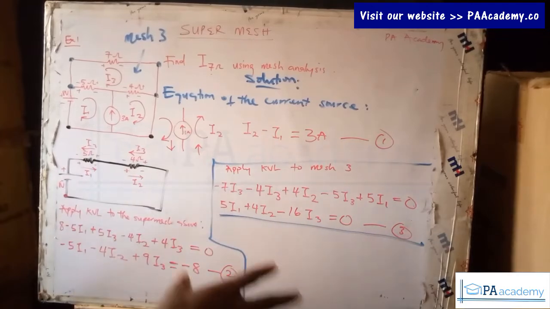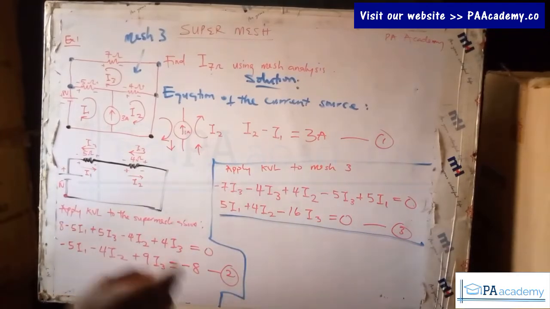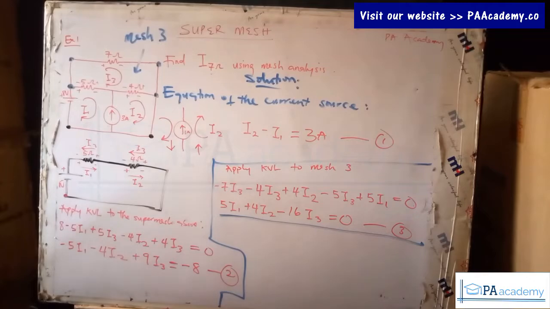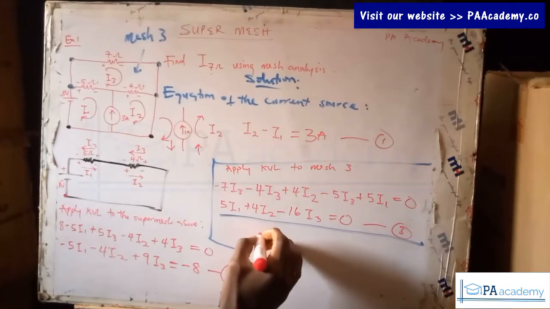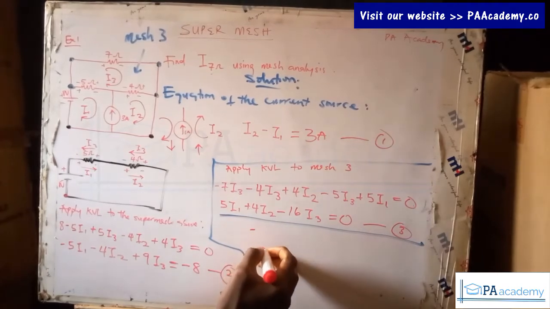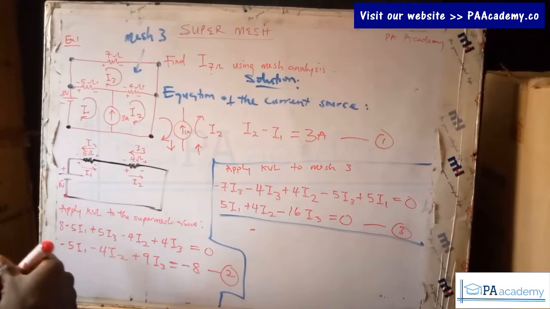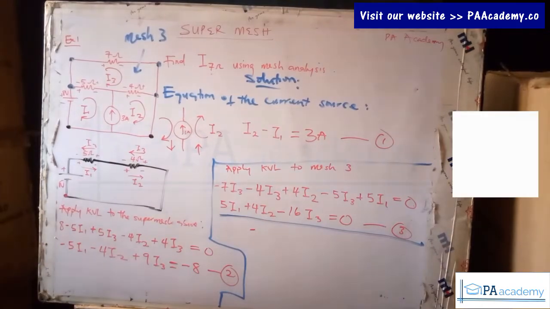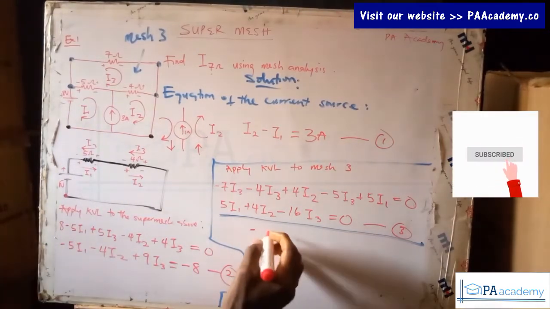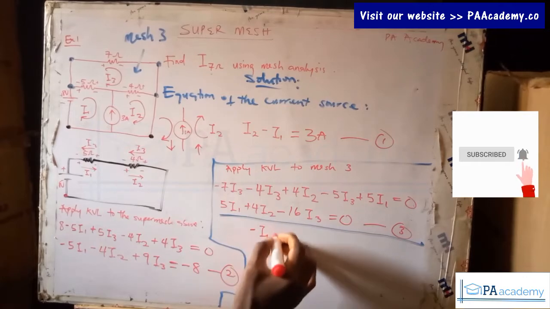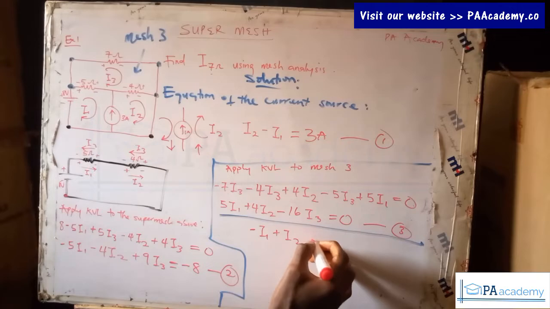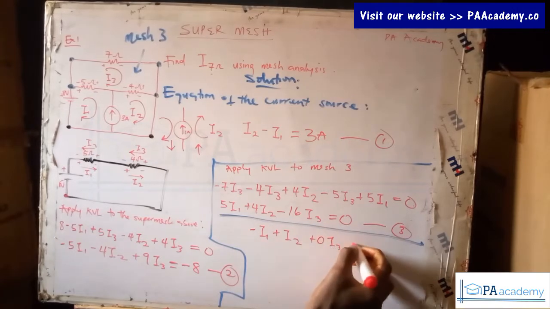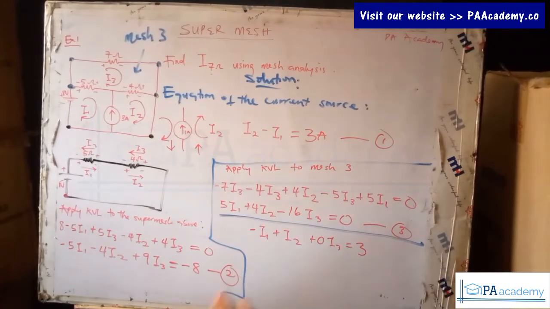If you solve the three simultaneously, like I said, you are going to get I1, I2, and I3. But let me write it out properly. From equation 1, we can write this as minus I1 plus I2. We don't have I3, so we can just give it plus 0 I3 equals to 3.